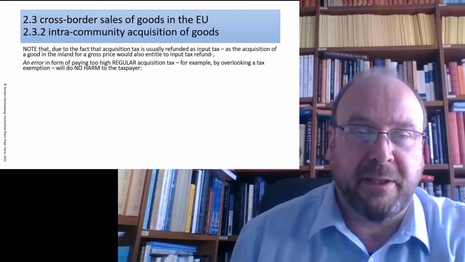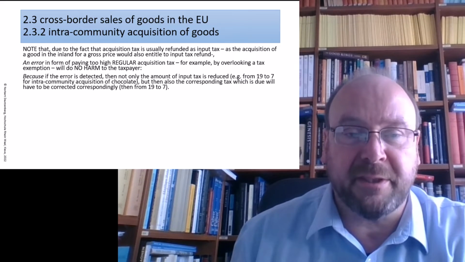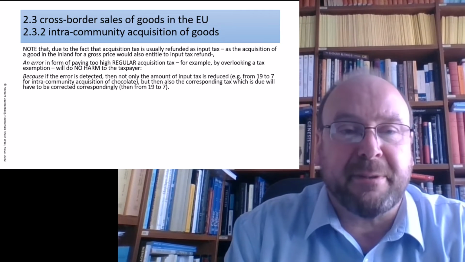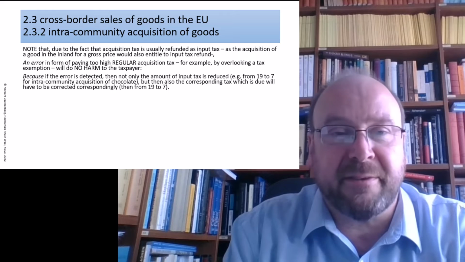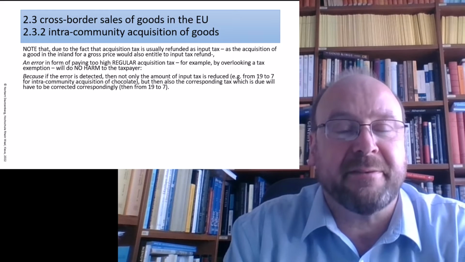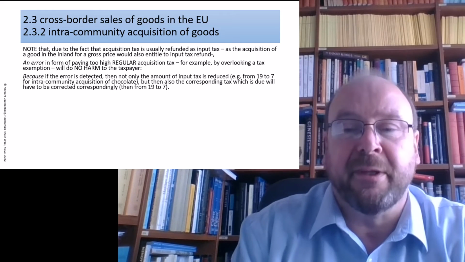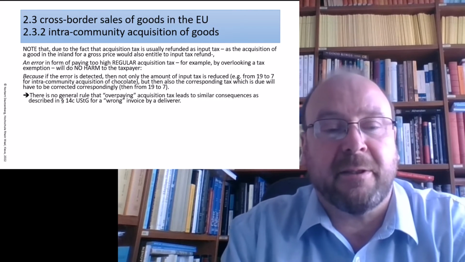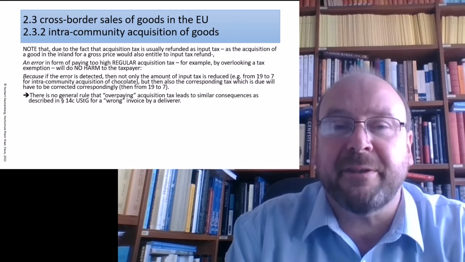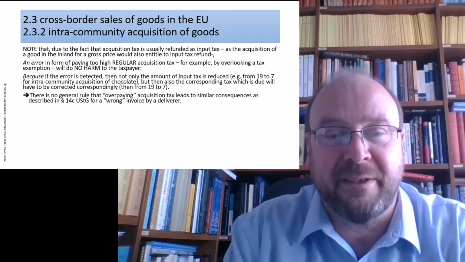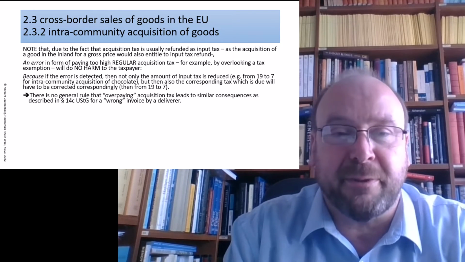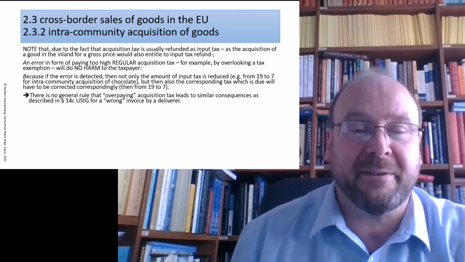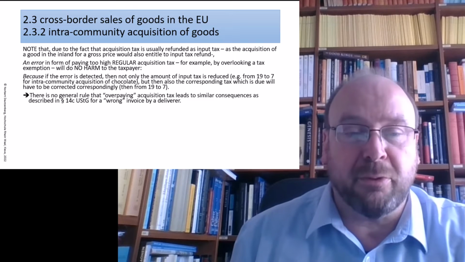You can pay it and reclaim it, because if the error is detected, the tax inspector will automatically have to correct the tax which you wrongly declared and the tax which you wrongly claimed. There is no rule which says over-declaring an acquisition tax in a tax declaration is treated correspondingly to writing out an invoice confirming too high a tax rate. So no problem there.